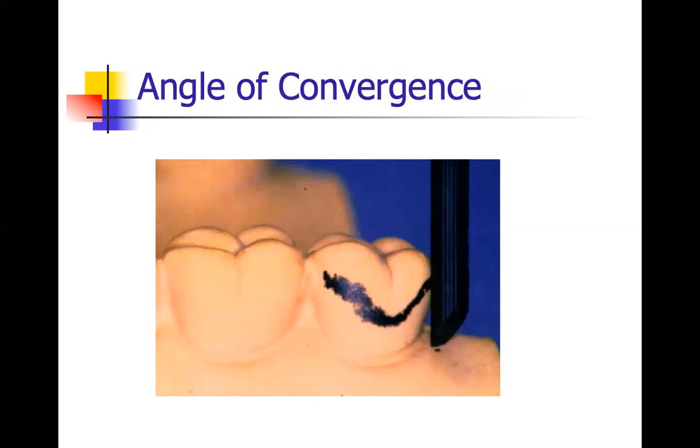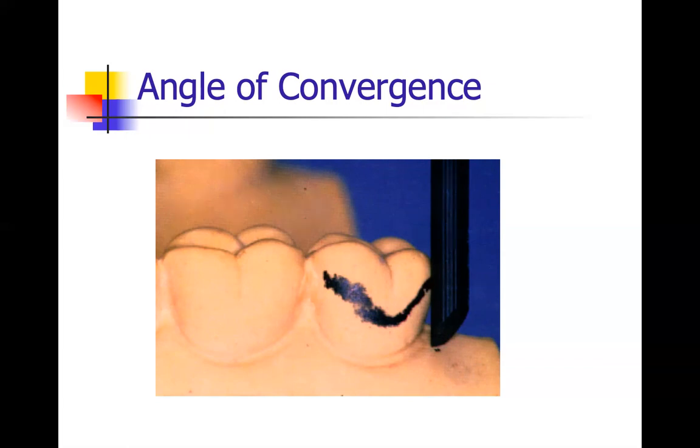When the surveyor blade contacts a tooth on the side at its greatest convexity, a triangle is formed, this one. The apex of this triangle is at the point of contact of the surveyor blade with the tooth, and the base is towards the gingival tissues.